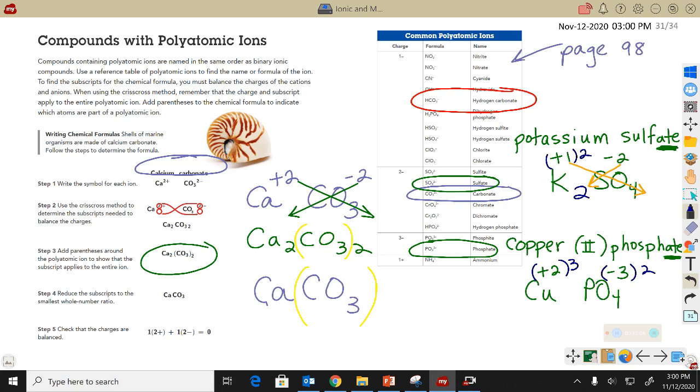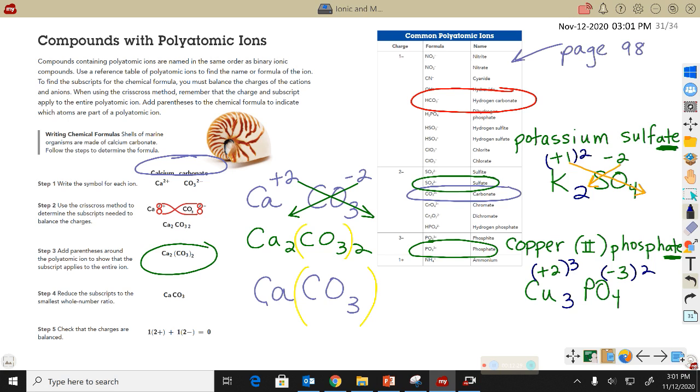Well, the phosphate group wants to take 3. So if I have 2 groups of phosphate, I get the -6, meaning that all 6 electrons are gained. All 6 are transferred. Then those multipliers become my subscripts. So I need 3 copper and 2 phosphate.